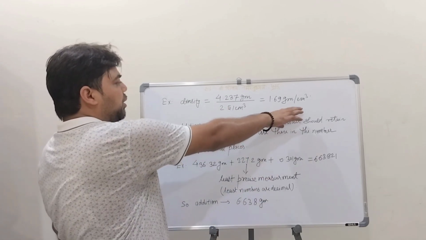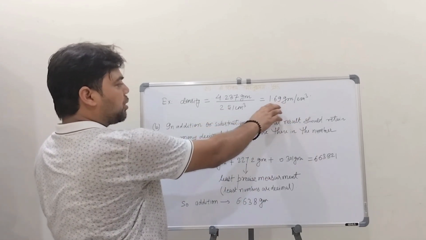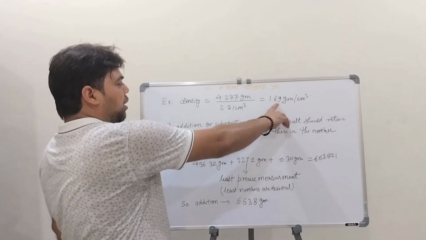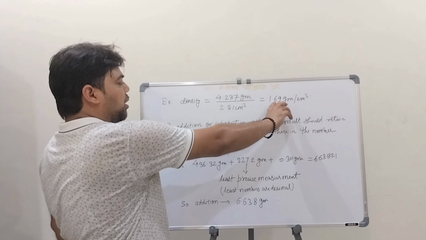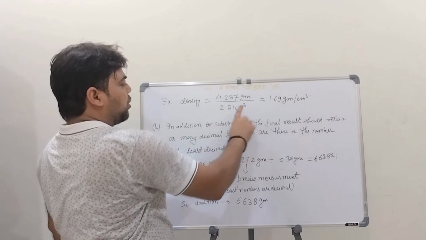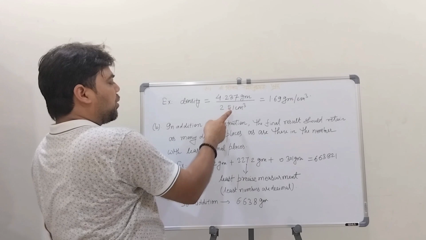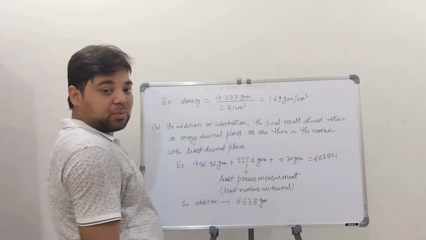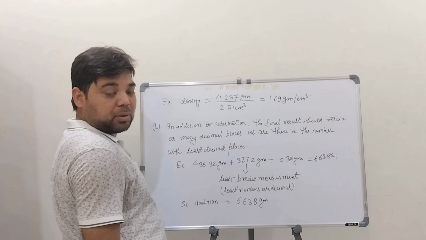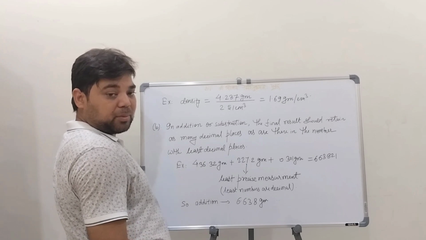So in the division the result will be 1.69. There will be 3 significant digits, because the number with the fewest significant digits has only 3, and 2 places after the decimal according to the rule described above.